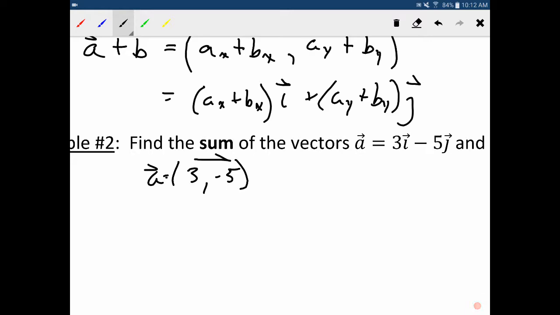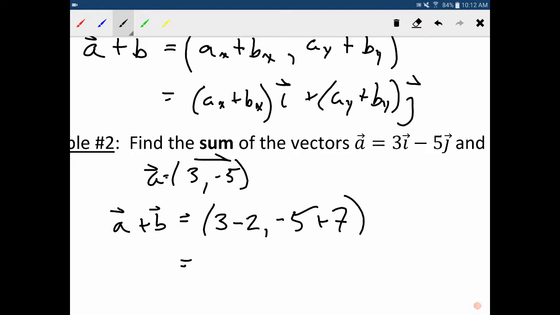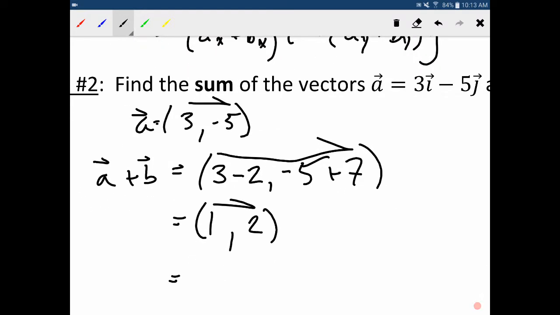So we can say a plus b is equal to (3 minus 2, negative 5 plus 7), which gives us (1, 2). And of course, if you wanted to write that using unit vectors, it would just be i plus 2j. All right, and there you go.